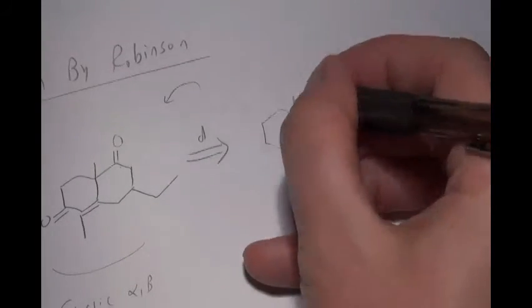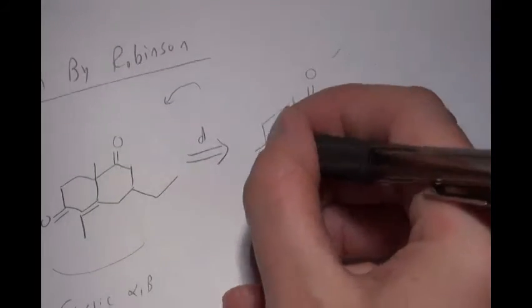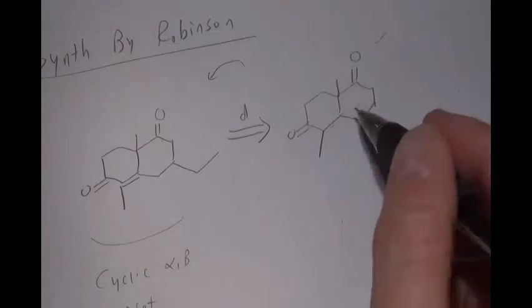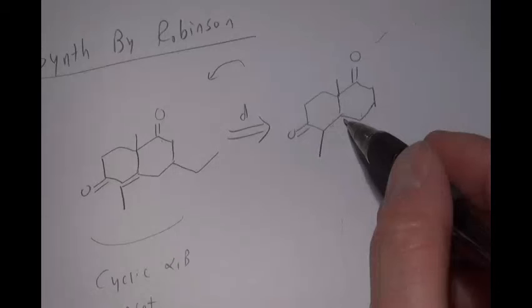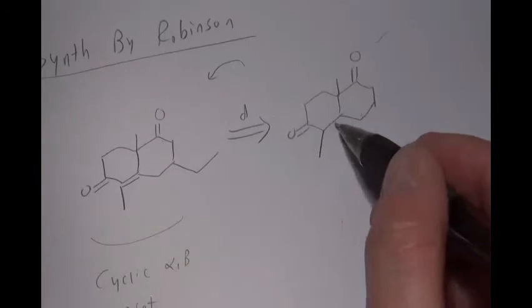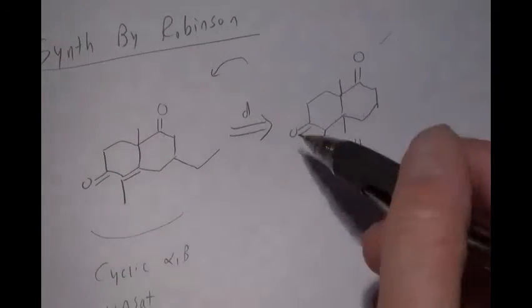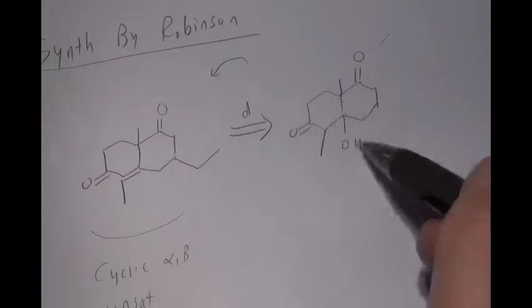Okay, so methyl will get a ketone. Alright, and now where's the hydroxy? In an aldol, the hydroxy is at the alpha or beta? It's at the beta, right?